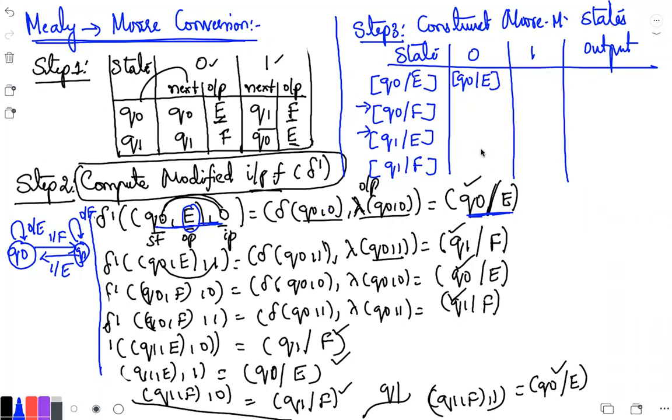Yes. Okay. So you need to construct the states as it is. For every possible state and output combination, you need to construct a state. And while mapping with the input, you have to follow the input function.